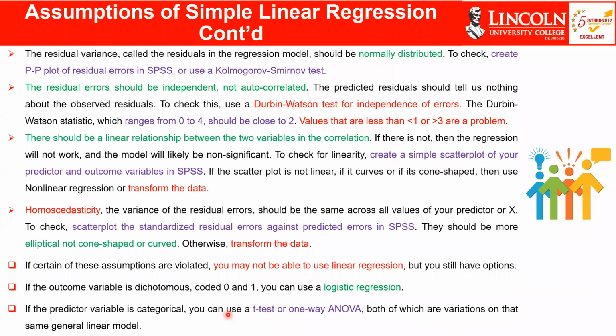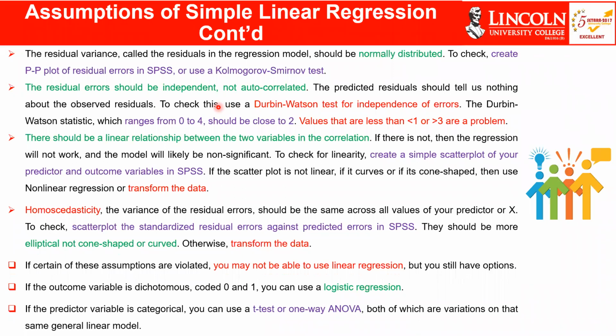Further to the assumptions, the residual errors in the regression model should be normally distributed. To check, create a P-P plot of residual errors in SPSS or use the KS test, that's the Kolmogorov-Smirnov test. The residual errors should be independent, not autocorrelated.